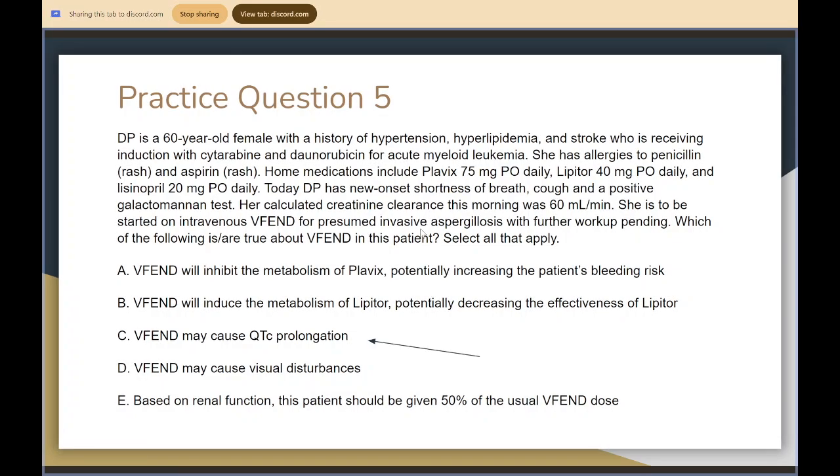So for practice question 5, the correct answers are going to be C and D. And let's talk about why.